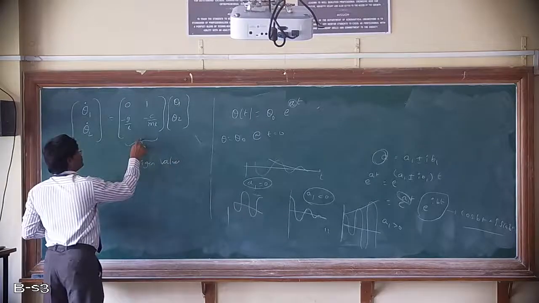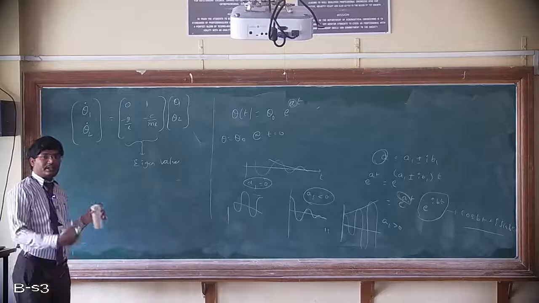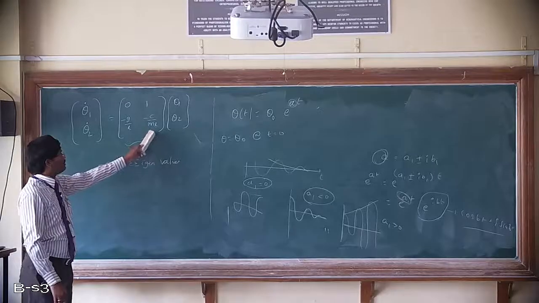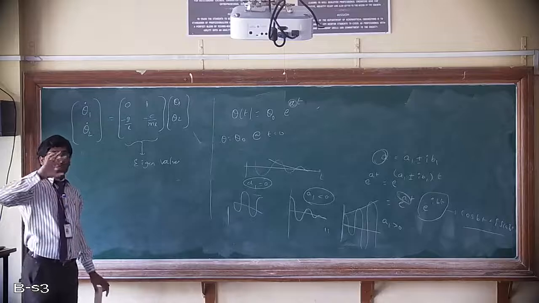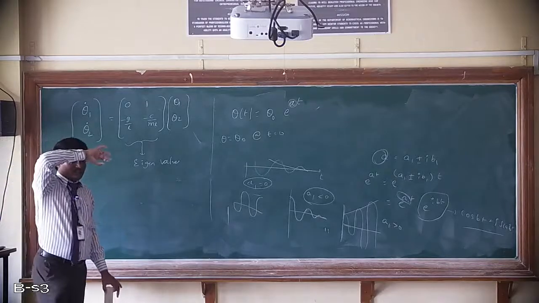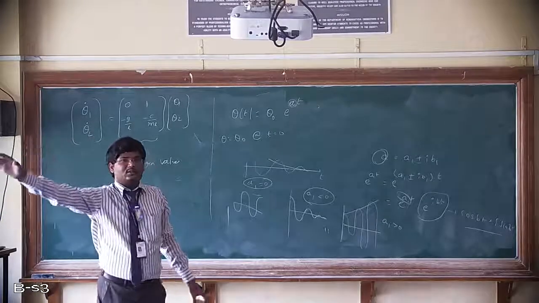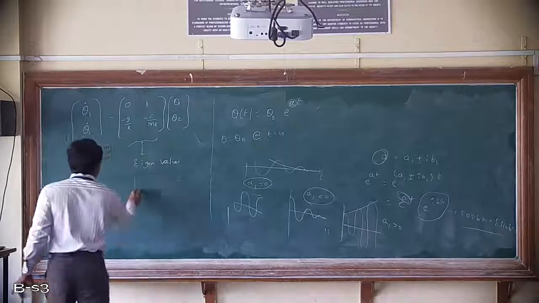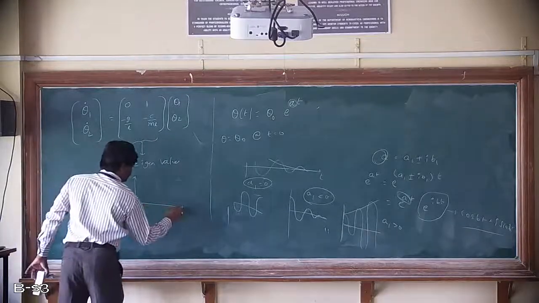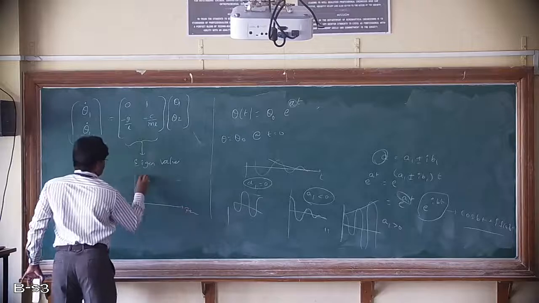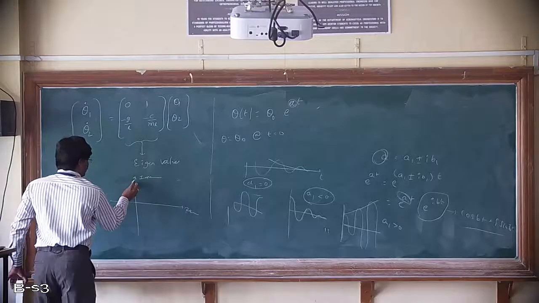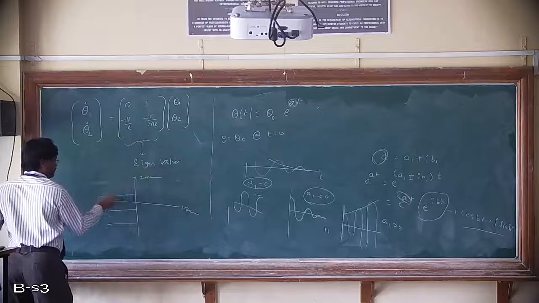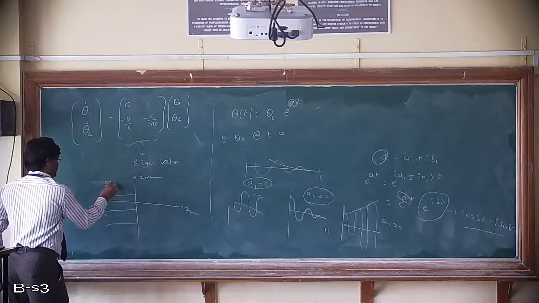If the eigenvalues of the system are negative, then the system is stable. If the eigenvalues of the system are positive, that system is unstable. That means it will never come to the original equilibrium condition. If you take this as real and this as imaginary, and your eigenvalues are on this negative side, then the system is stable.